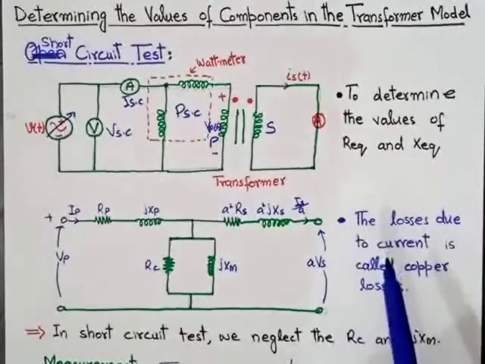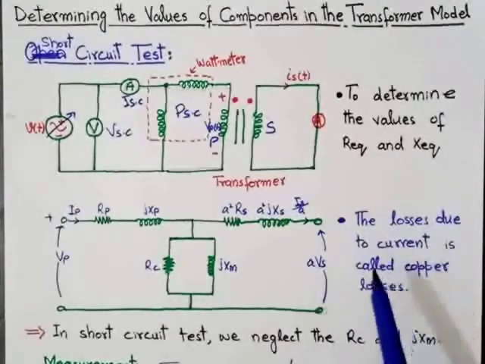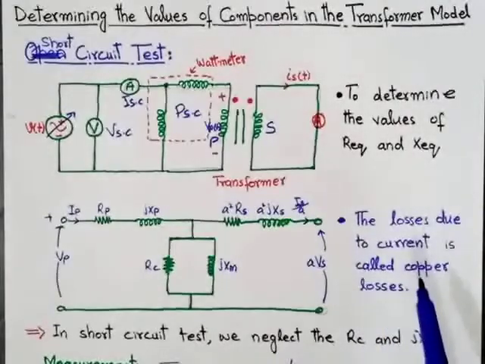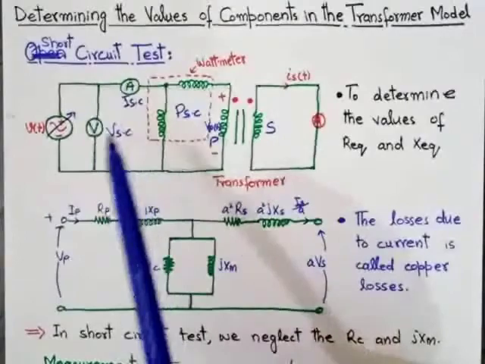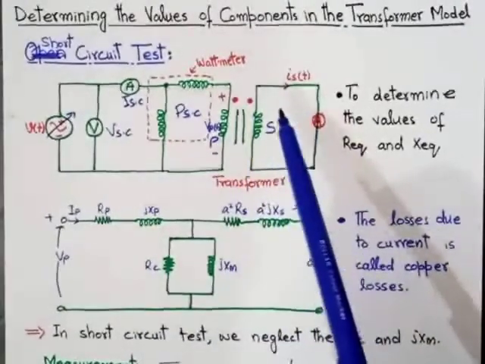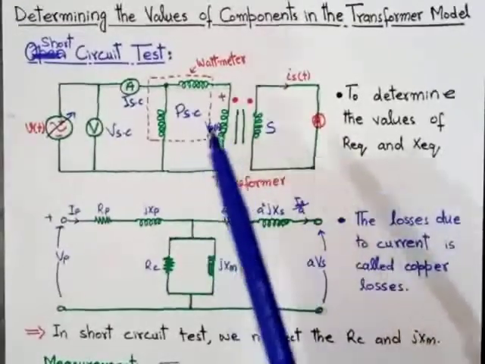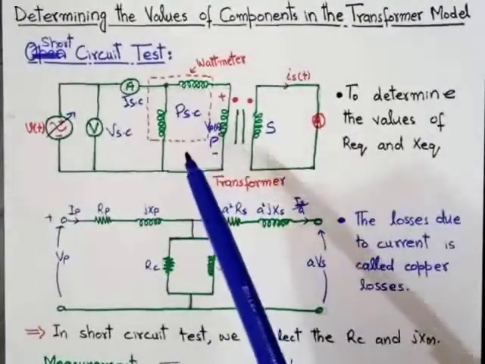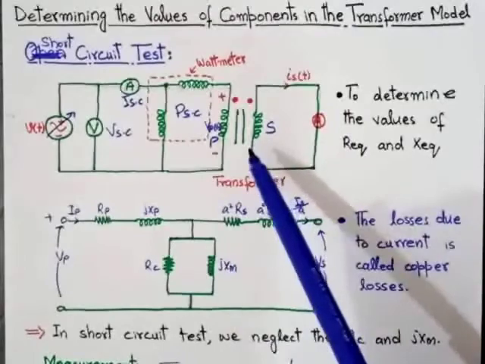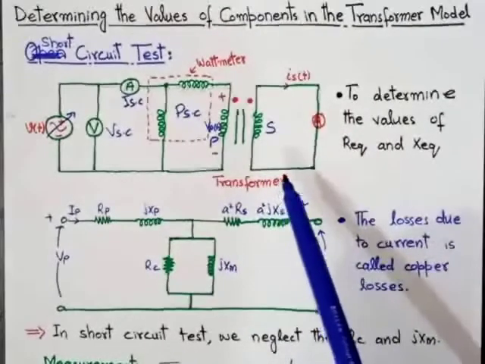The losses due to short circuit or due to current are called copper losses. It means in the short circuit test, when the voltage is 0, the current will be maximum, so the power consumed in the transformer will be only due to current because the circuit is short.